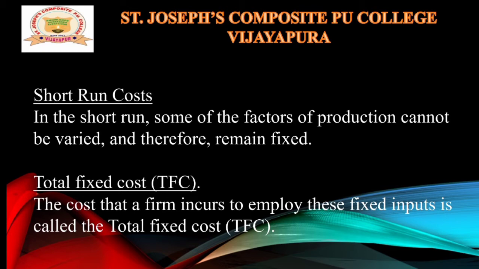Because here the factors of production remain fixed or constant, and it remains the same whether the output is increased or decreased, or even if it becomes zero. Whatever the output, whether it remains zero or increases or decreases, the result will be the same.